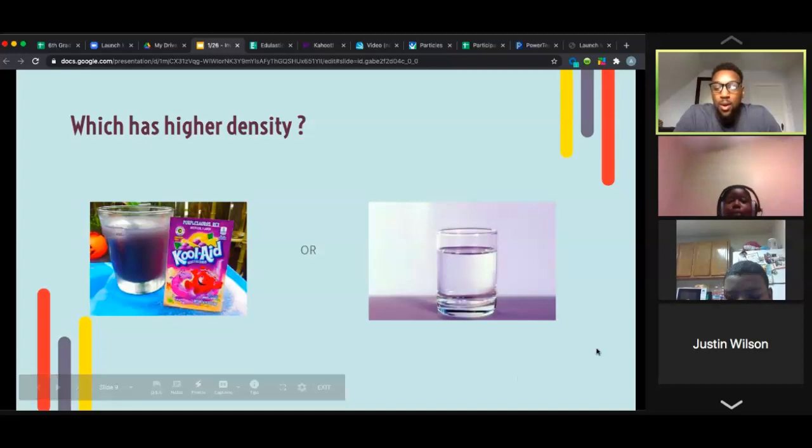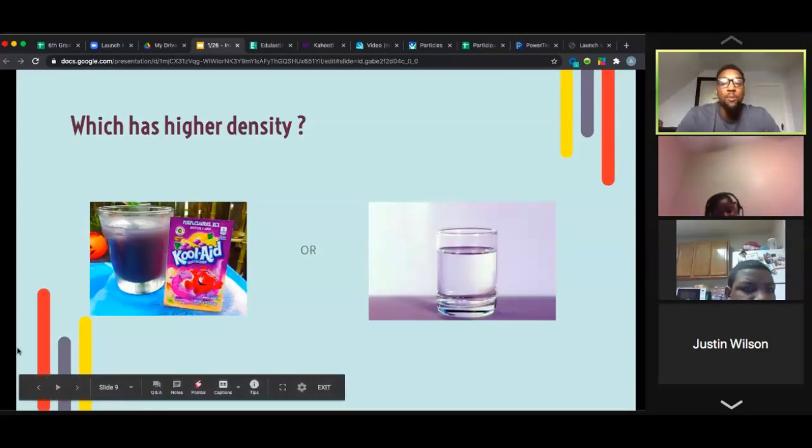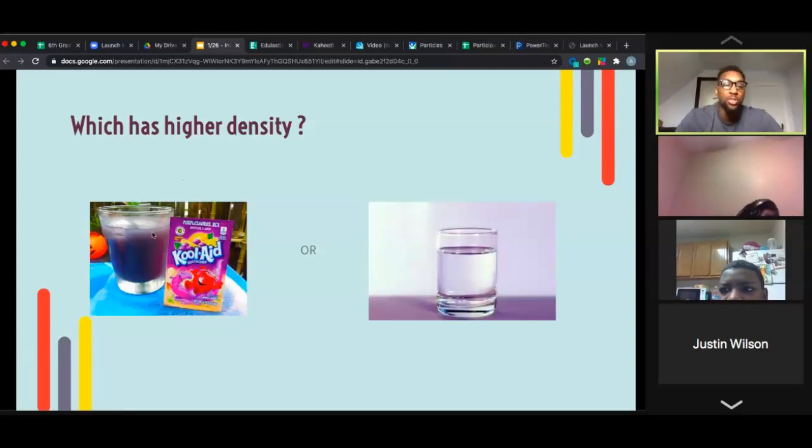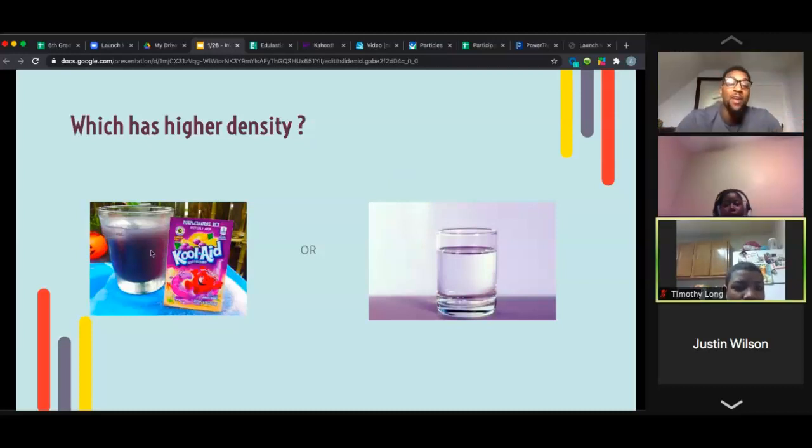So for those of us who were able to pick the Kool-Aid, that is correct, right? We know the Kool-Aid has higher density because it has a higher solution inside of it. Clear water is just regular water, so it won't have as much mass inside of it, versus the Kool-Aid has a mass that has been dissolved in it, right? So that is higher density, okay?